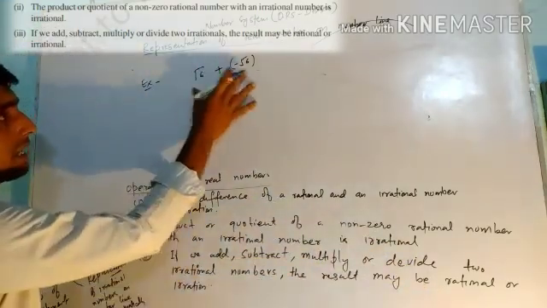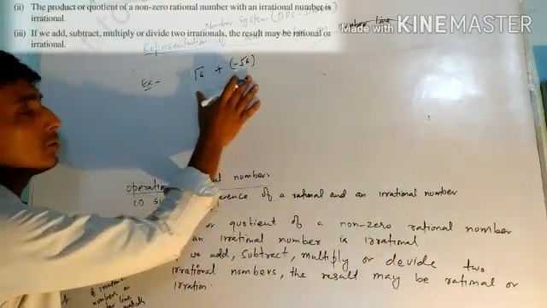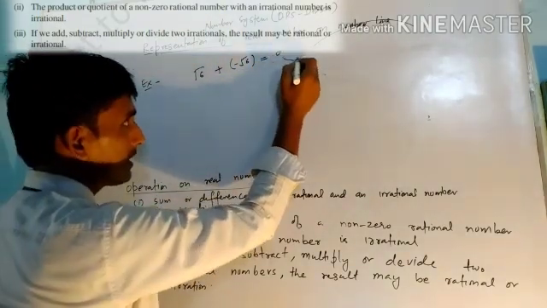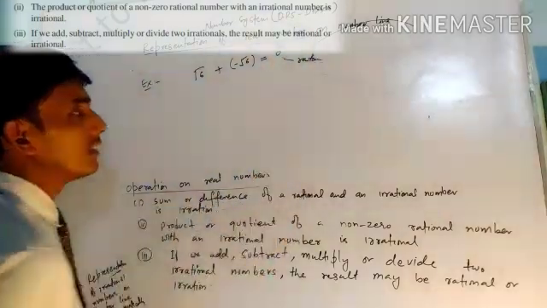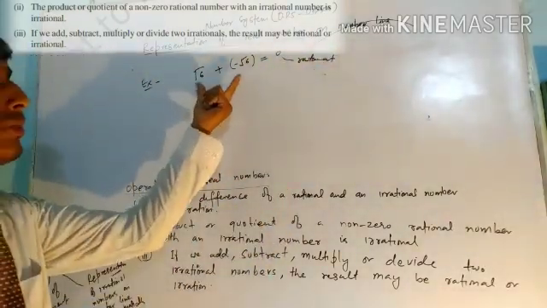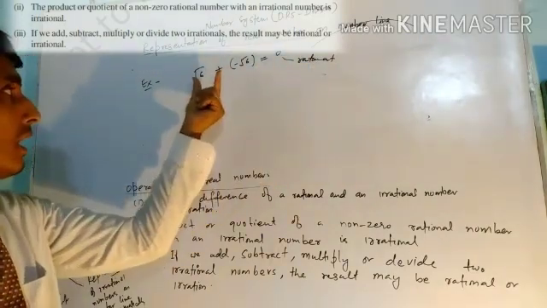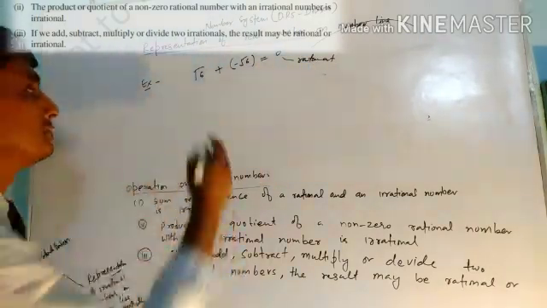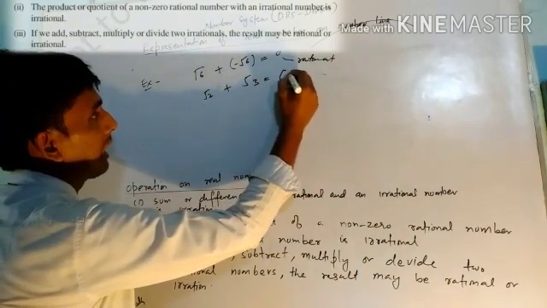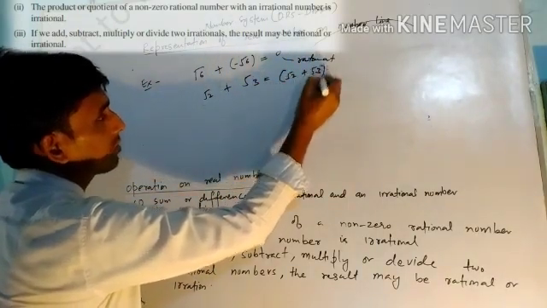Here we are adding two irrational numbers, and we are getting 0. That is a rational number. So by adding two irrational numbers, we can get a rational number. Also, by adding two irrational numbers, we can get an irrational number.